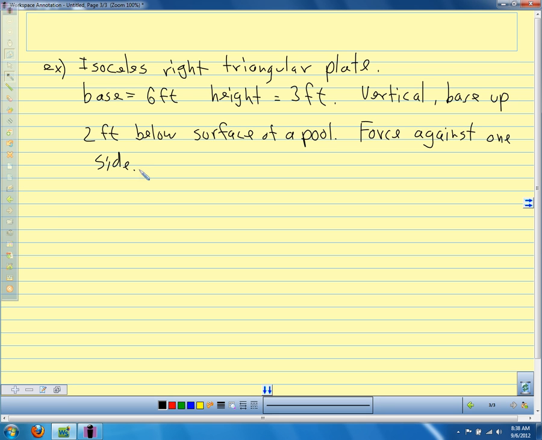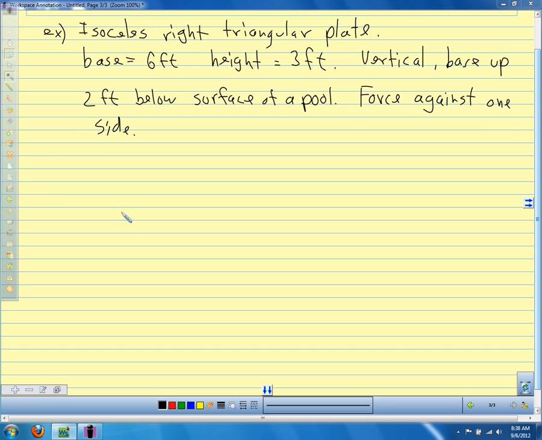What I always suggest with these kinds of problems, if they describe it verbally, is to draw a little picture. So I'm going to draw a picture of what we have. Here's my isosceles right triangular plate, base up. Here's the surface of the pool. And we need to draw a coordinate system.